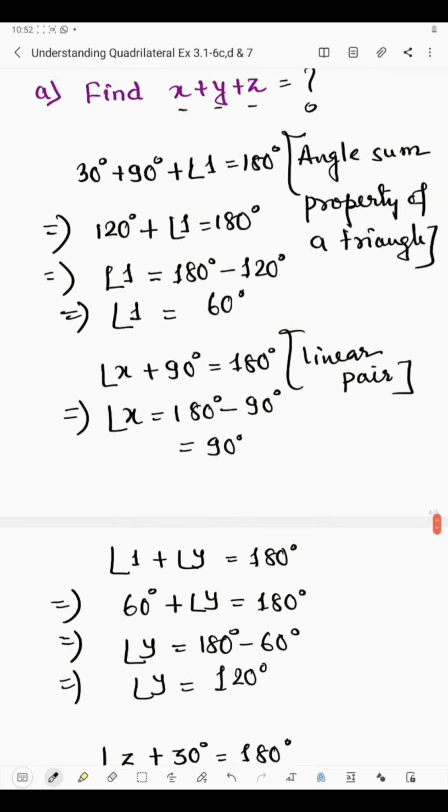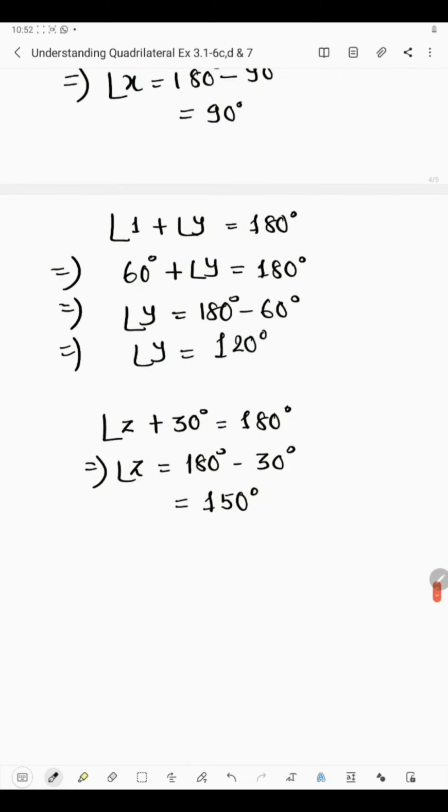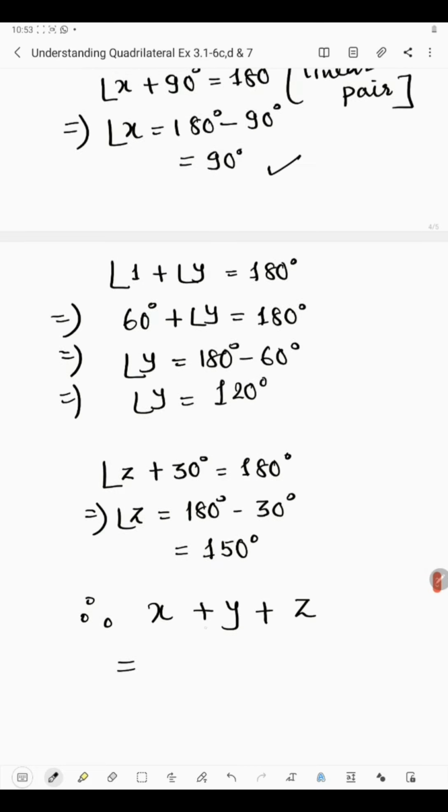Okay. So now we will have to find the value of x plus y plus z. We will add all these angles. Therefore x plus y plus z will be: the value of x is 90 degrees, y is 120 degrees, and we'll put 150 degrees in place of z.